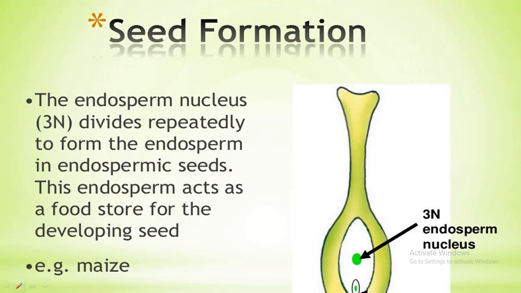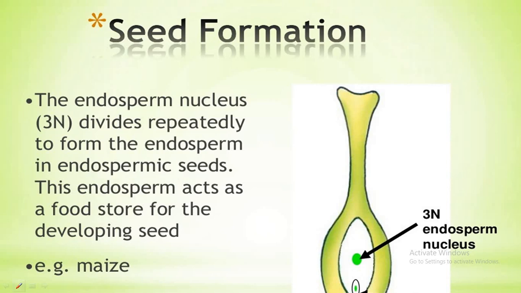The hilum marks the point of attachment to the stalk. Sometimes the general metabolic activity of the embryo slows down and it may enter a state of inactivity called dormancy or seed dormancy. When favorable conditions are available, the seed germinates into a plant.